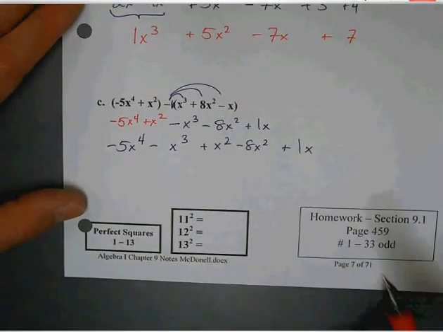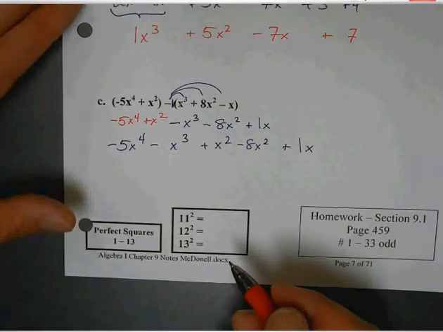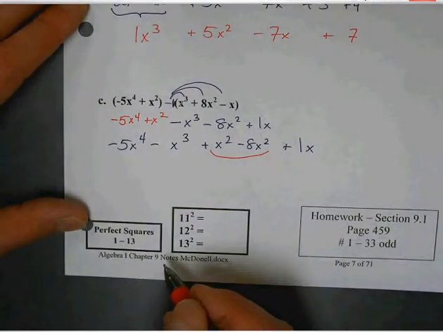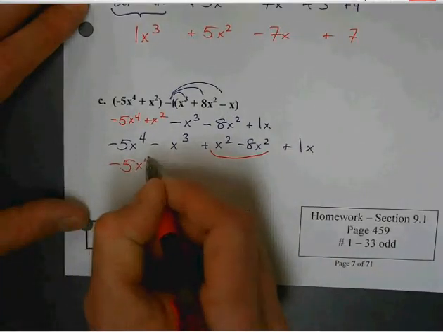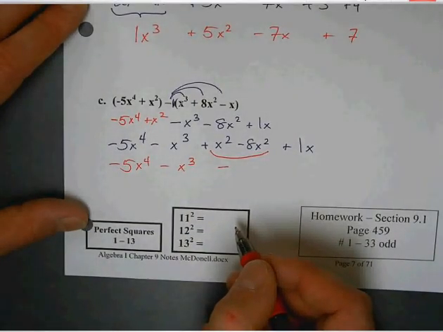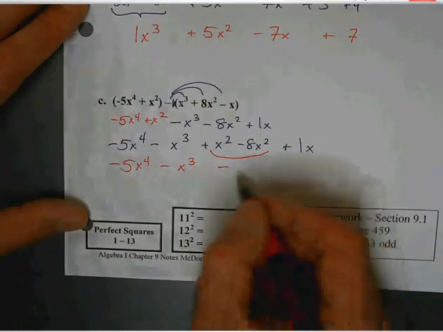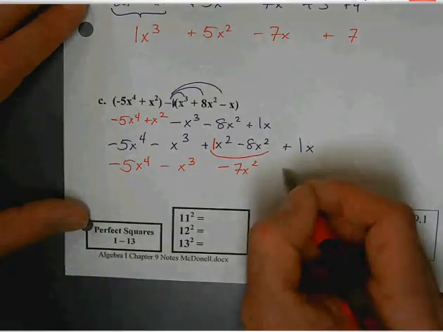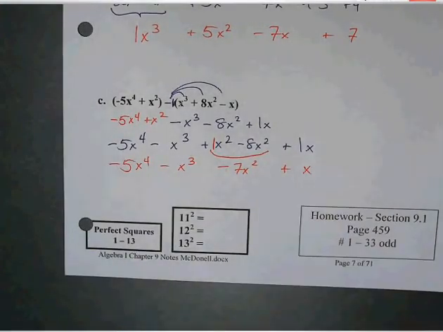What combines? Isn't it just these two? Anything else? So here's our answer. Negative 5x to the 4th minus x cubed minus how many squares? 7x squared. If you're not sure about that, realize that's a 1x squared there. Plus x. Most people are not going to put 1x, we're just going to put x. What kind of nomial do we have? Polynomial. What's the degree? The degree is 4.